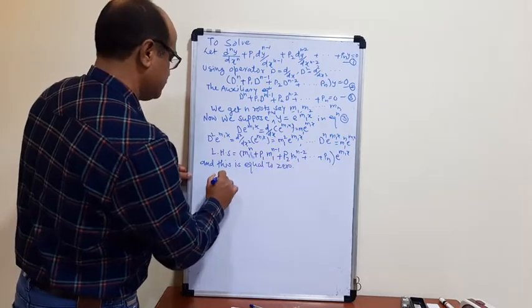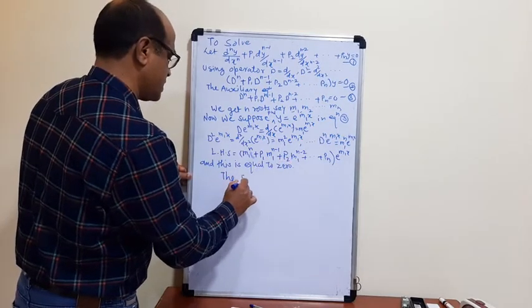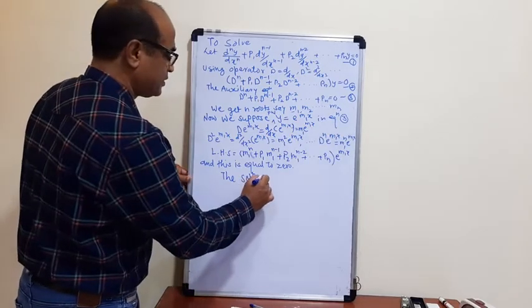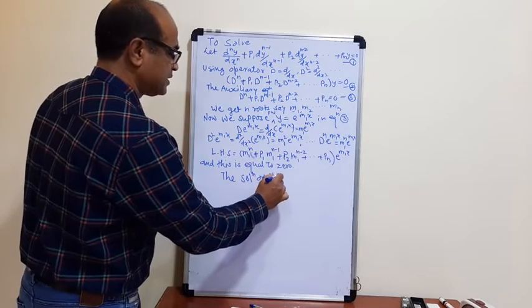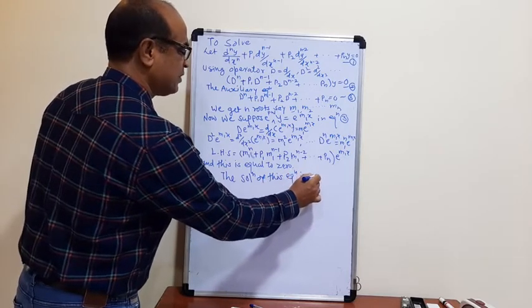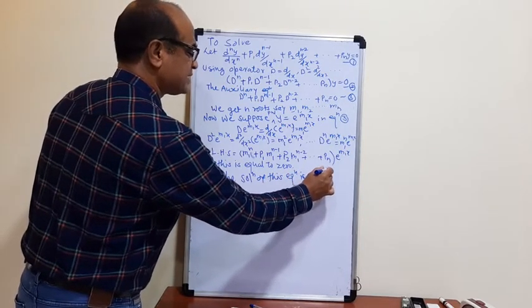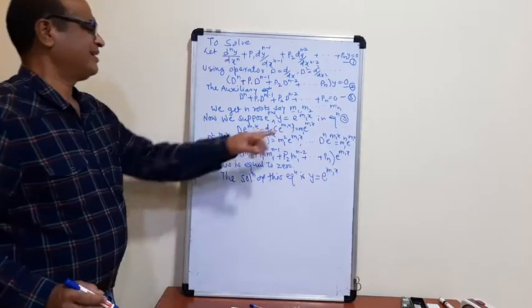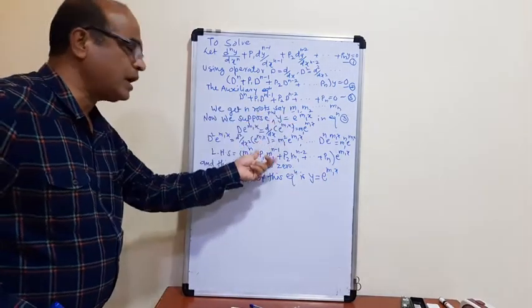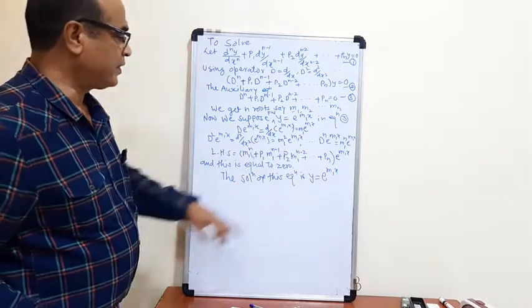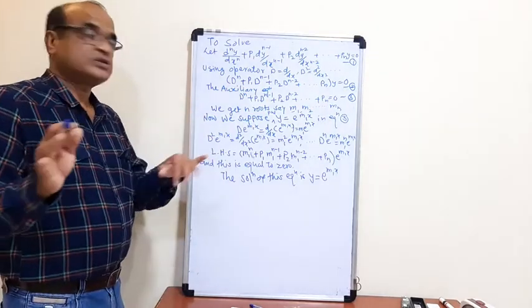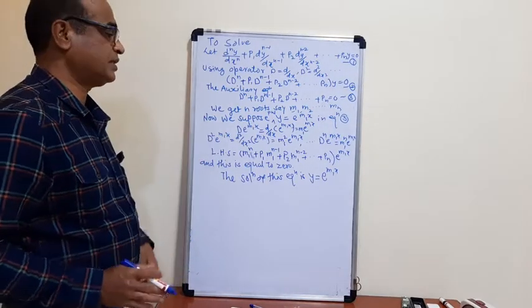Therefore, the solution of this equation is y equal to e raised to m1x. So we suppose y equal to e raised to m1x is the solution, and we solve it.